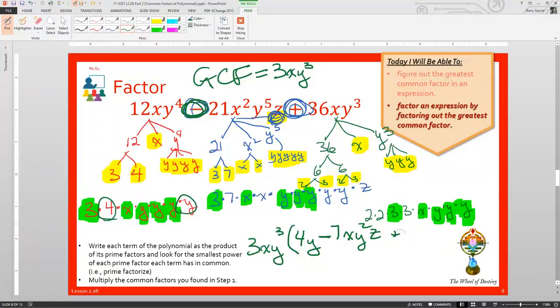And then plus 2 and 2 and 3, that's 12. Just 12, plain old 12. That's awesome. So we worked this out to be 3xy cubed times the quantity 4y minus 7xy squared z plus 12. You think that's easy to say? It isn't. Okay, I think there we have maybe 1 or 2 more examples, and I'll get those for you on the rebound.